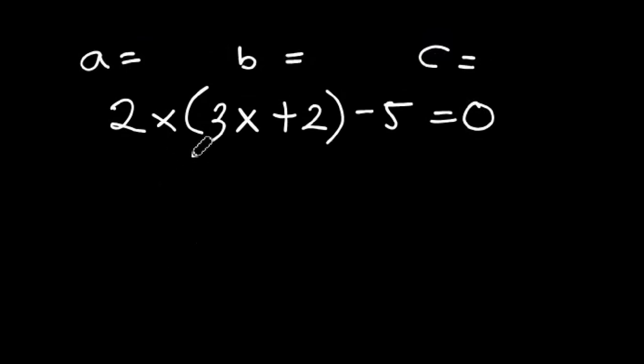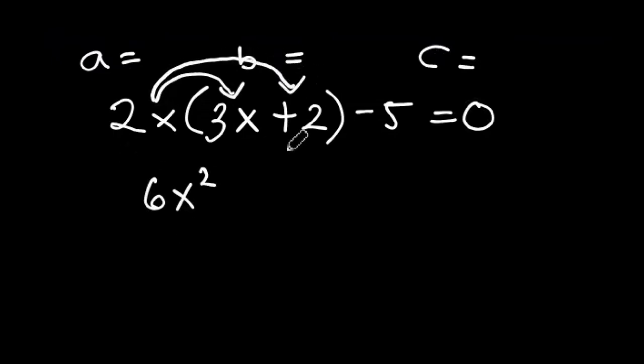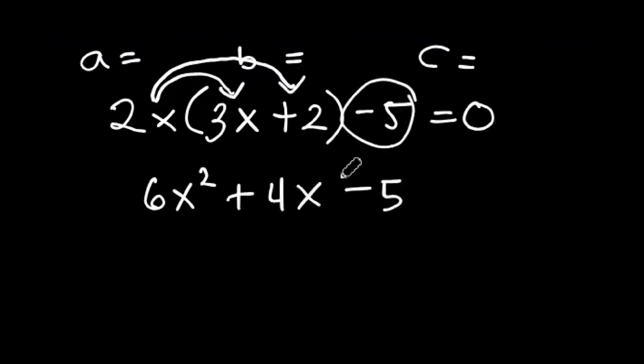So, by distributive property in this case, 2x times 3x gives us 6x squared. Also, this 2x we will multiply to the second term, 2x times 2, that is 4x. And itong negative 5, we will bring it down, equals 0.